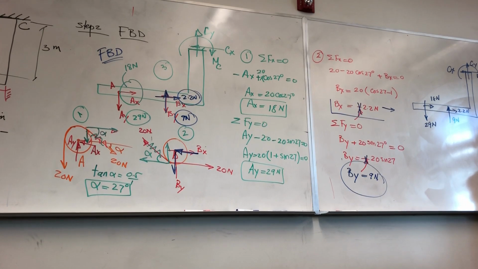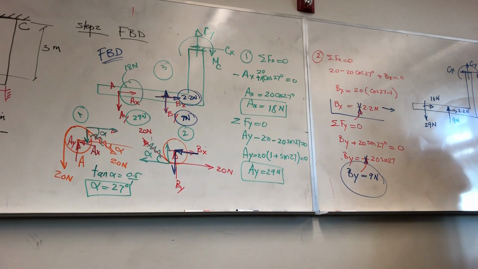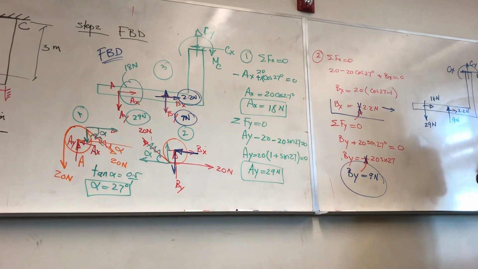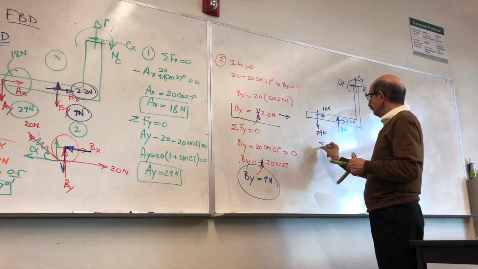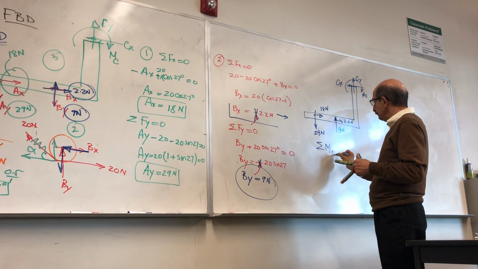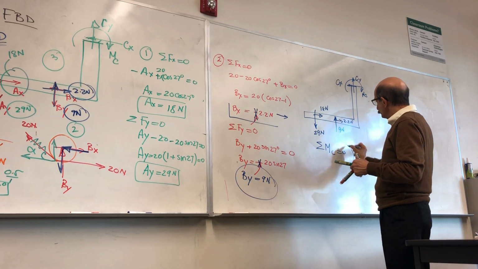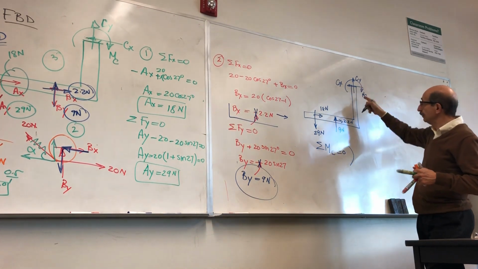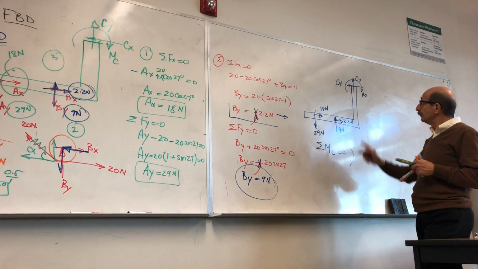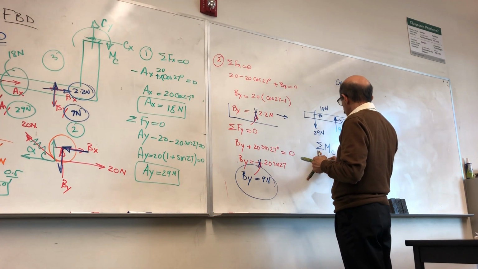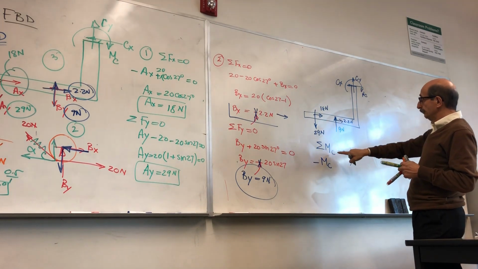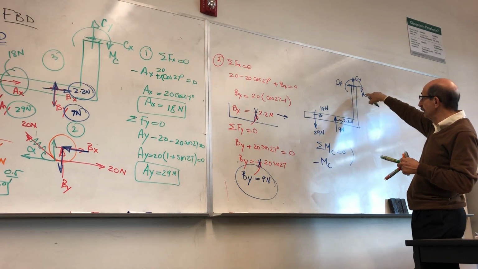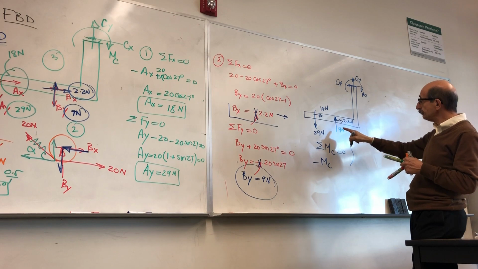So we have the complete free body diagram of the structure now, and now we apply equations of equilibrium to this free body diagram, starting with summation of moments at C equal to 0, so that I can get rid of these two unknowns and find the moment first. So I have Mc, which is assumed positive in this direction, so this is negative clockwise.